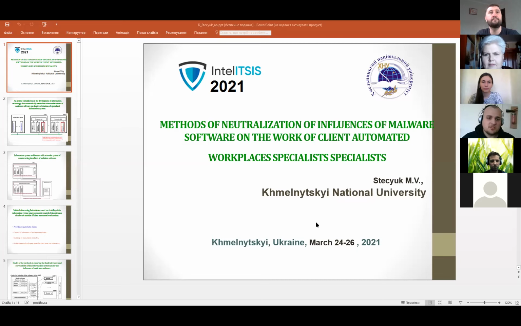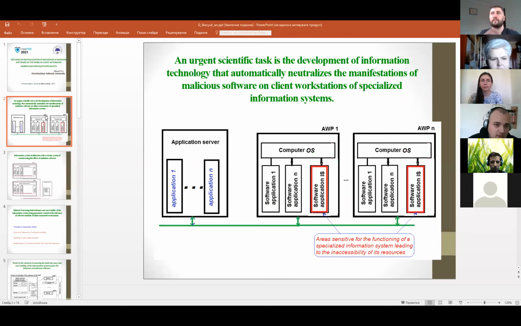My presentation is a method of neutralizing the influence of malware software on the work of the client automated workplace specialist. The scientific task is the development of information technology that automatically neutralizes the manifestation of malicious software on client workstations of a specialized information system.